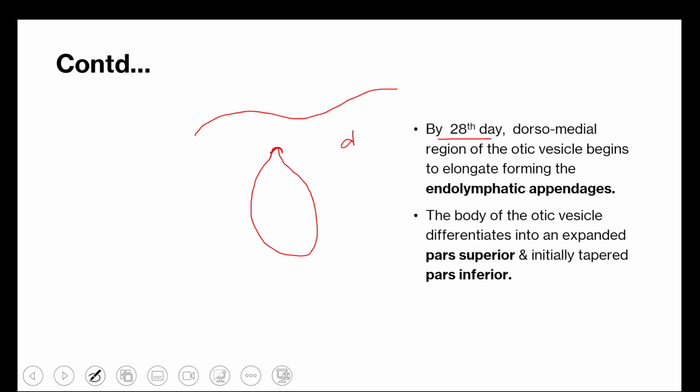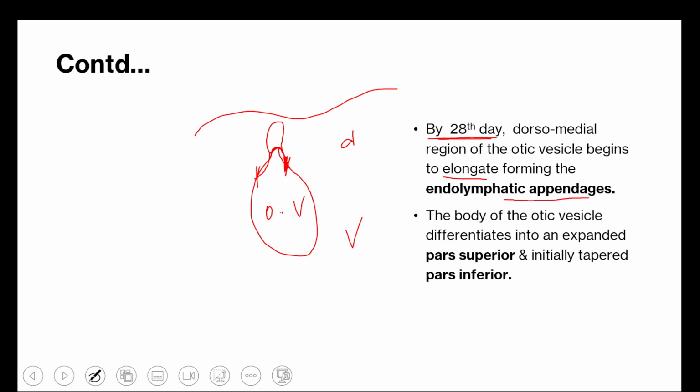This is the dorsal region, and this is the ventral region, and this is the otic vesicle. By day 28, the dorsomedial region of the otic vesicle will elongate and form the endolymphatic appendages.